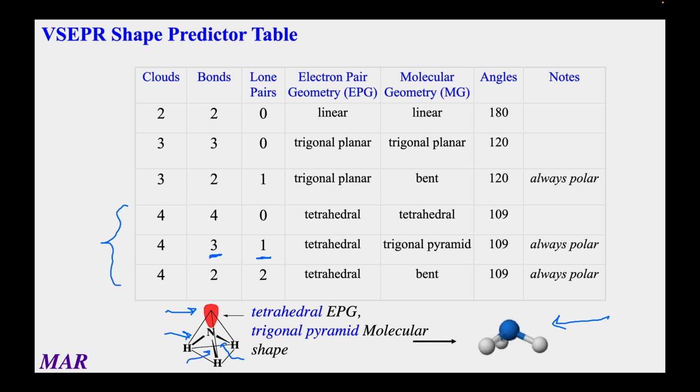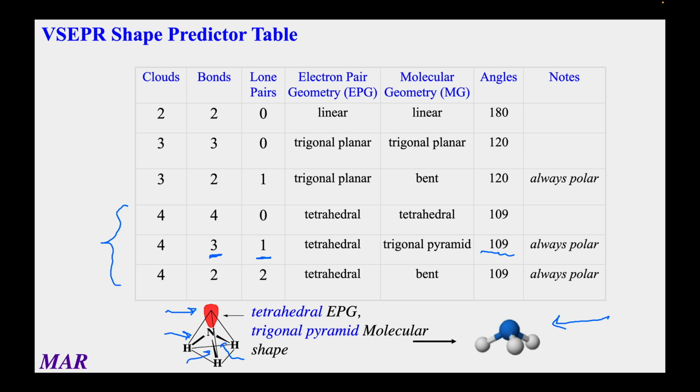We also have the bond angles. Anytime you have a tetrahedral system, it's going to be about 109 degrees. And finally, polarity is going to be something which is important to us. These systems are always going to be polar, and I'll talk about that here in a little bit. But the important part for this discussion is that first, when you're doing VSEPR geometry to a Lewis structure, you've got to figure out the number of clouds.